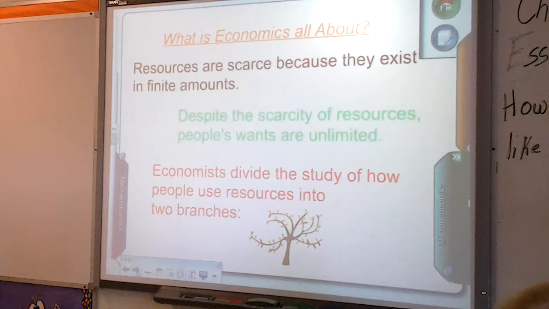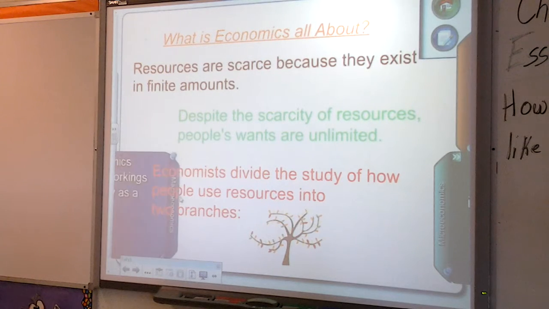So in order to study this, economists have divided the study of how to use resources into two different branches of economics. If you end up getting a college degree, you will be taking these two branches of economics as part of your degree.